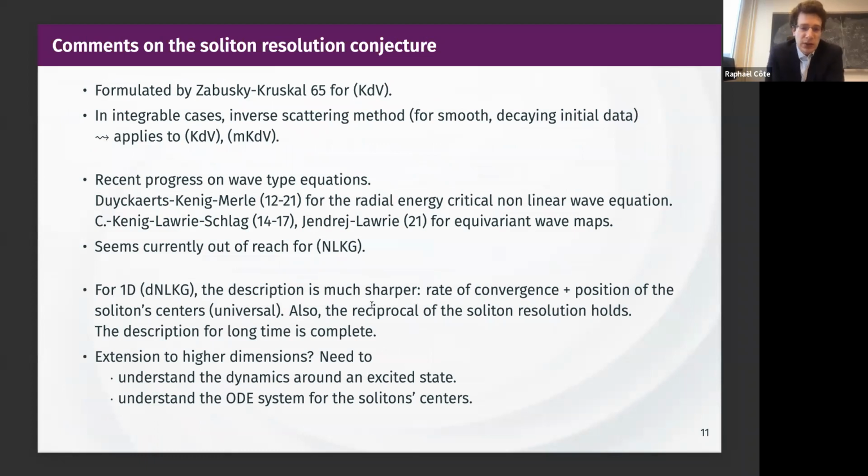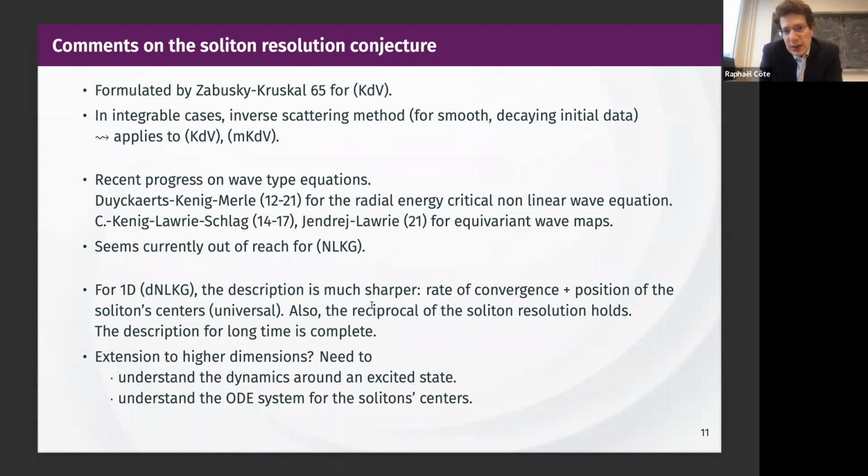So this result really tells you that for the 1D damped nonlinear Klein-Gordon, you have the full soliton resolution. This conjecture was formulated after a numerical work by Zabusky and Kruskal in the 60s.